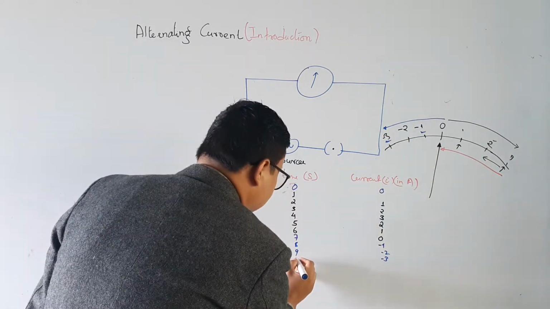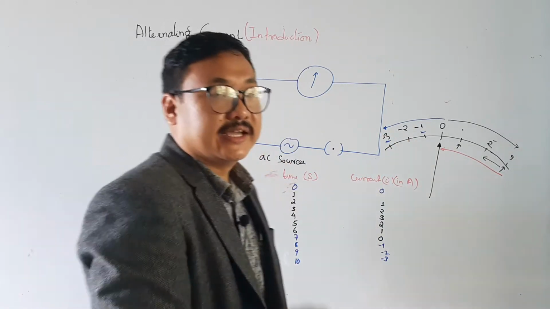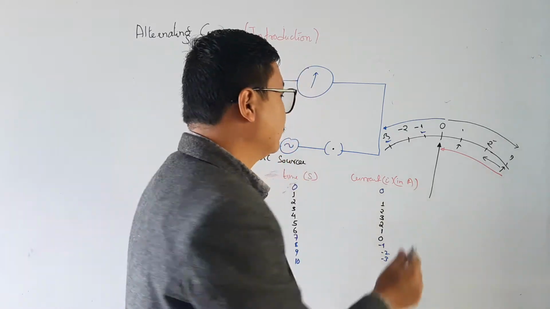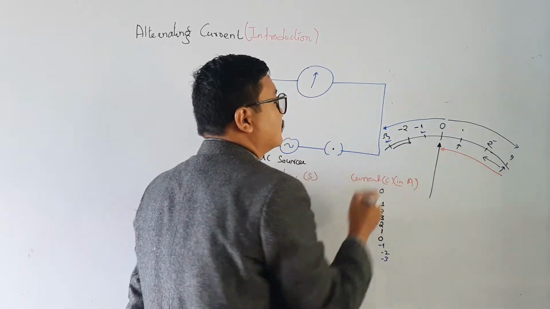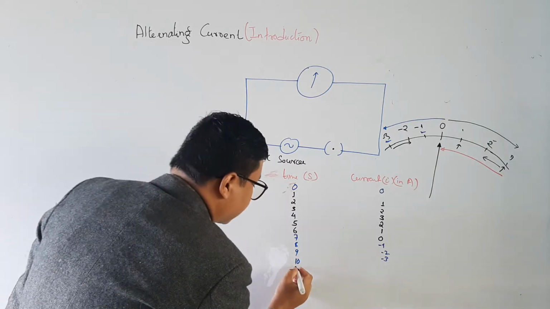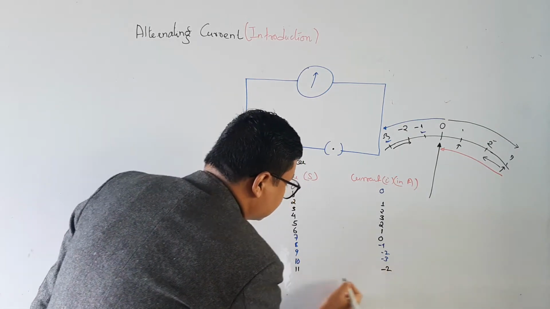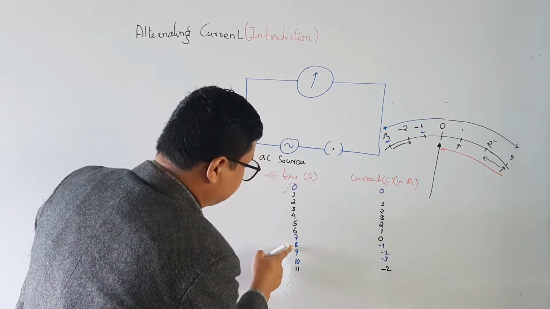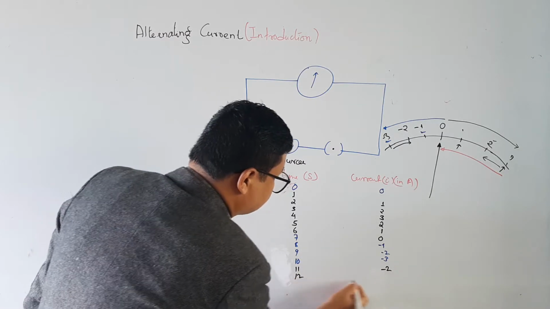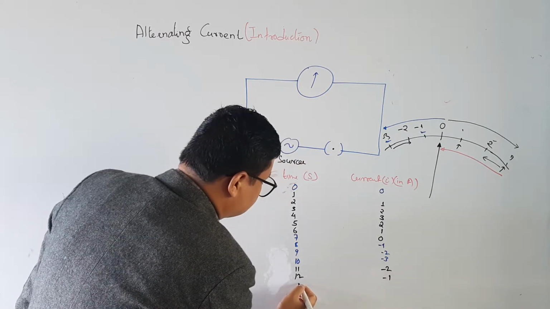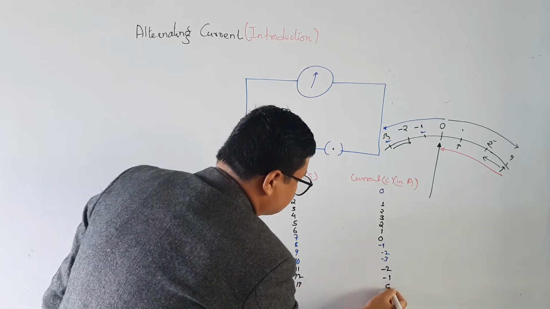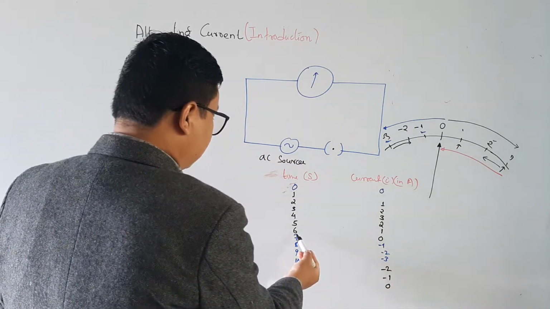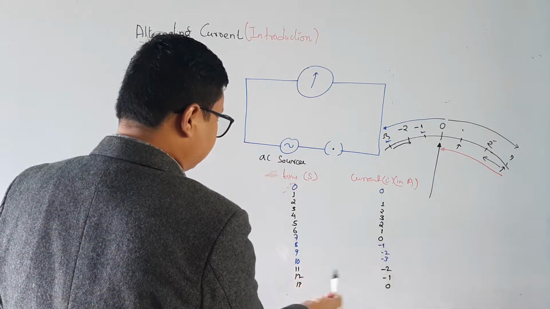Now in the 10th second, it will again go back to -2 ampere. In the 11th, it will go to -2, and in the 12th it will go to -1, and in the 13th it will go to 0, okay.